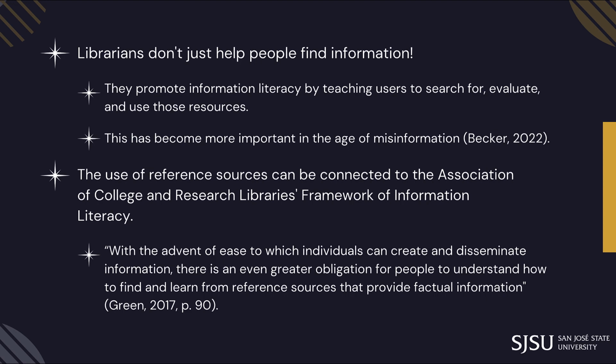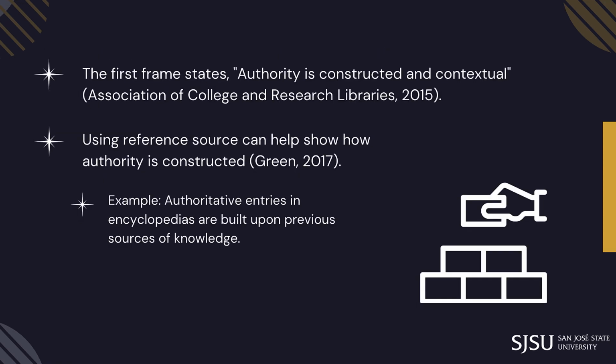For example, let's take a look at one of the 6 frames in ACRL's information literacy framework and how Green specifically connects it to reference sources. The first frame states that authority is constructed and contextual. A couple of key takeaways from this.